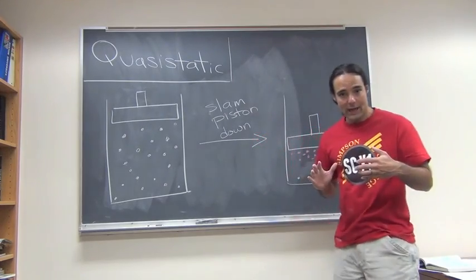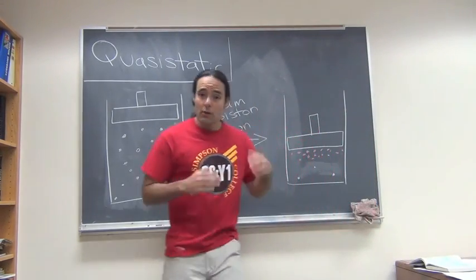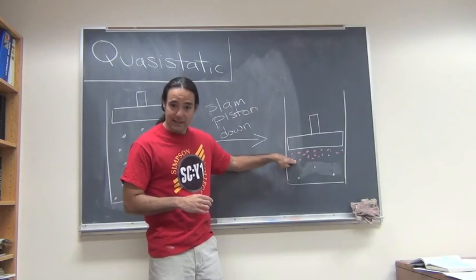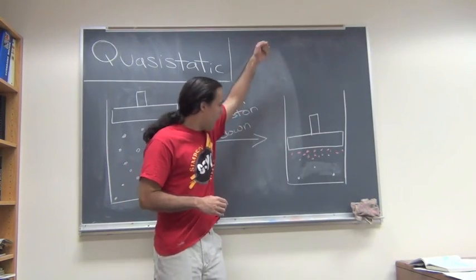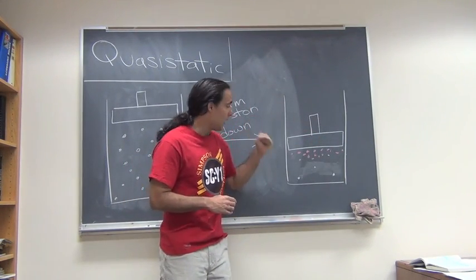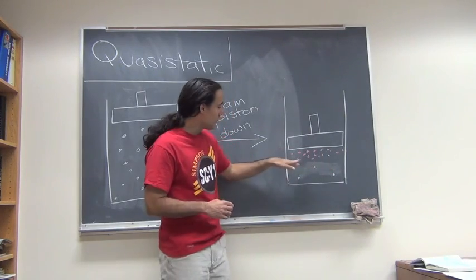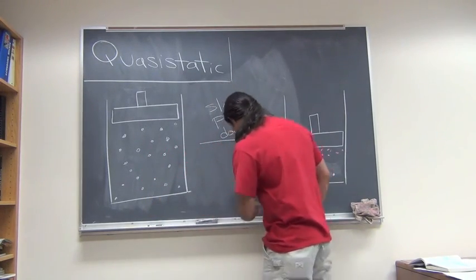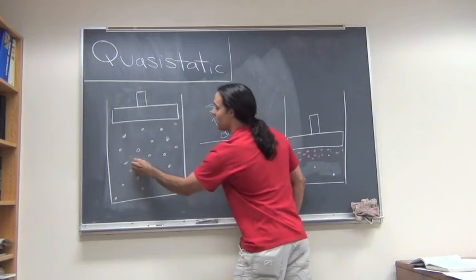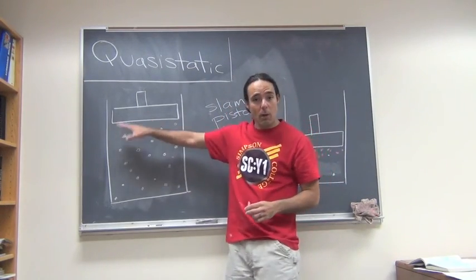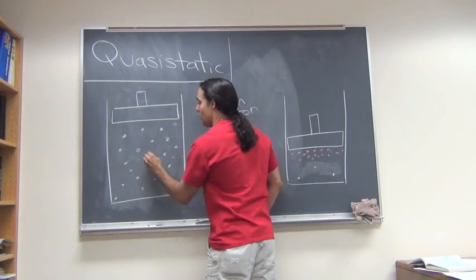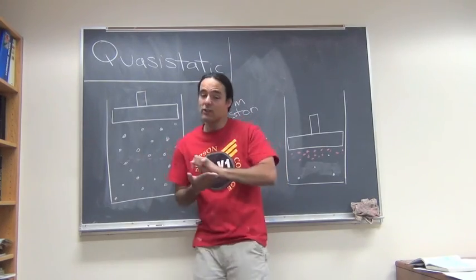Well, if I look at what happens in that case, the molecules do not have time to get out of the way of the piston. So as I slam my piston down, they're going to get scrunched down so that if I pull my piston down to this height, all of these molecules right here all get smushed together.